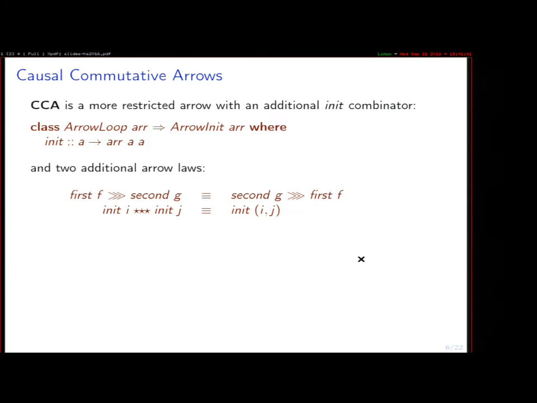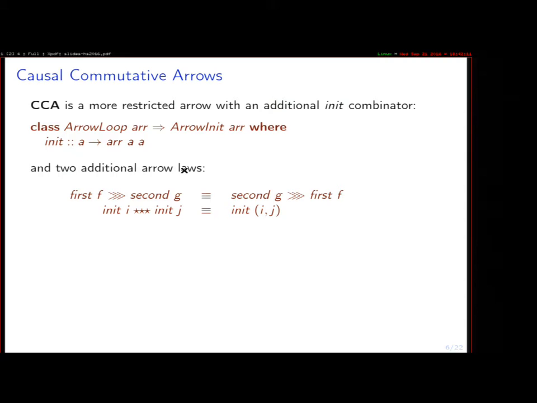CCA, in short, is a more restricted arrow with the addition of the init combinator we introduced in the ArrowInit class. Usually this can be thought of as a delay operator in electronic circuits or in data flow, but here we call it init. We want to emphasize the nature of the initial value rather than the delay, which is very operational.